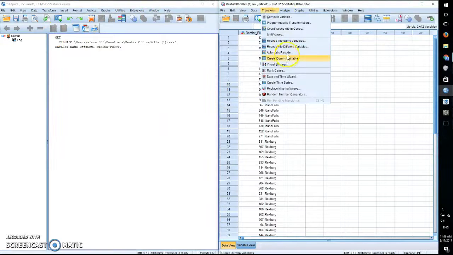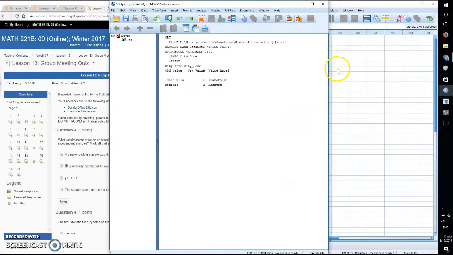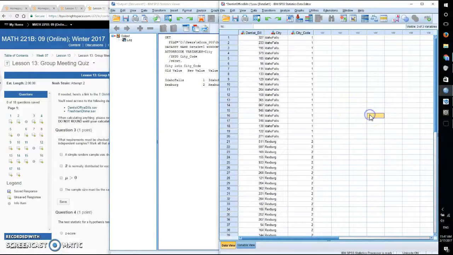So transform, automatic recode, city, and I did city_code and clicked add new name. Okay. And then OK. And what it should do is create a third column of data of 1s and 2s. And the 1s are Idaho Falls, and the 2s are Rexburg. Okay, yep, I got that.